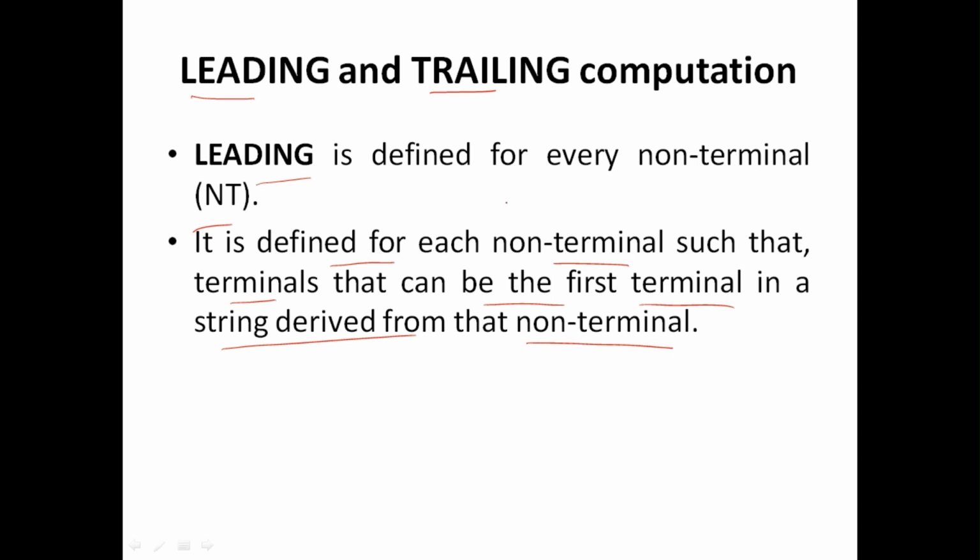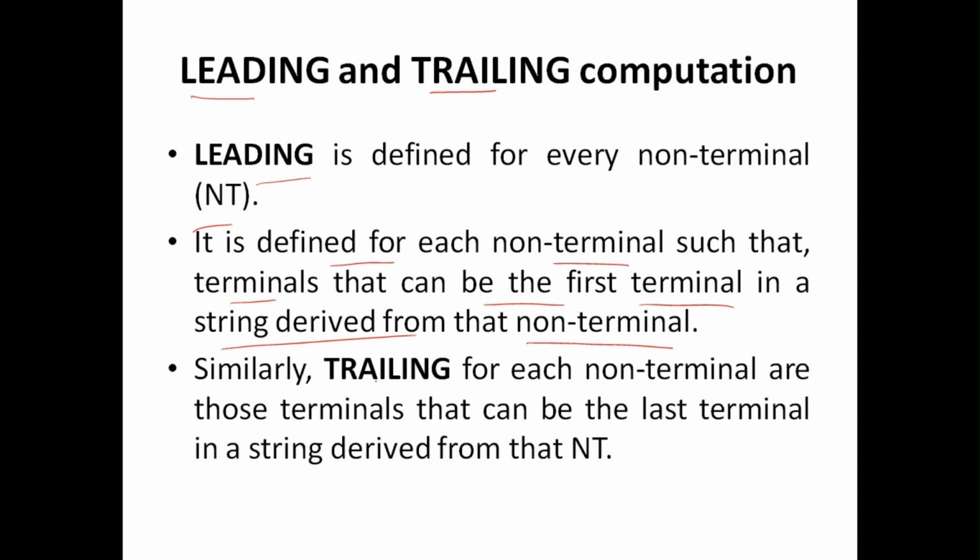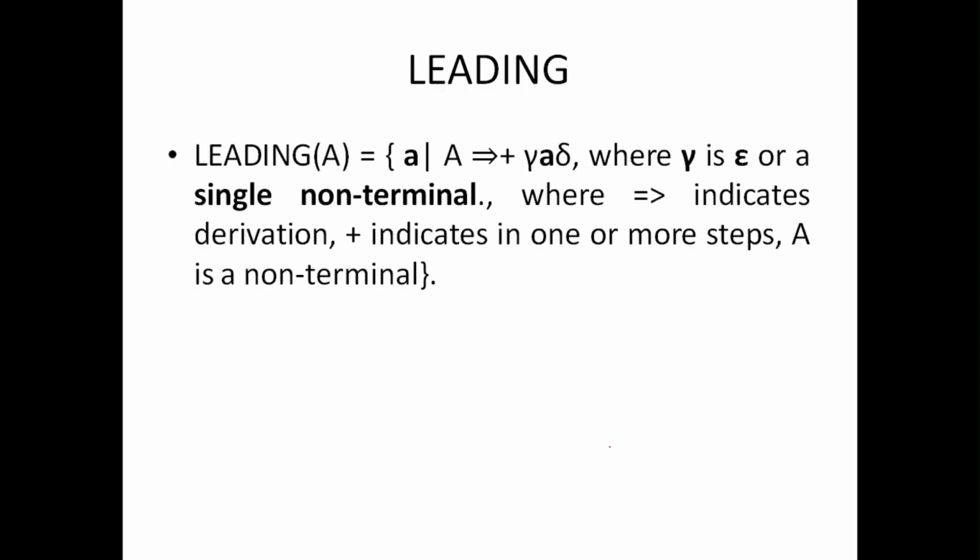So whatever terminal symbols are going to be the first terminal symbols derivable from that non-terminal are kept in this set. Similarly, trailing for each non-terminal are those terminals that can be the last terminal in a string derived from that non-terminal.